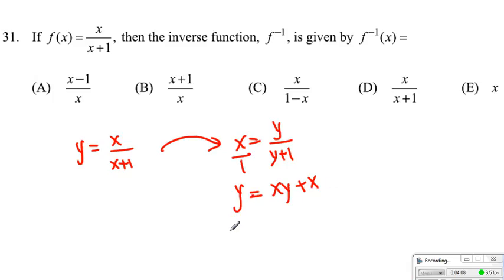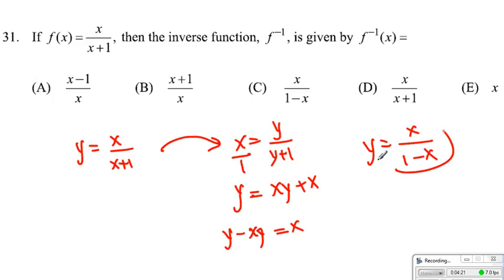Since we want to solve for y, then in this case, we have y minus xy equals x, where then y becomes x over 1 minus x. That becomes the inverse function, which is right over here, choice C.